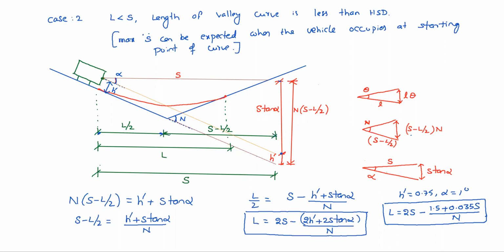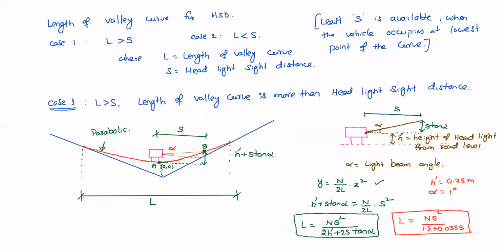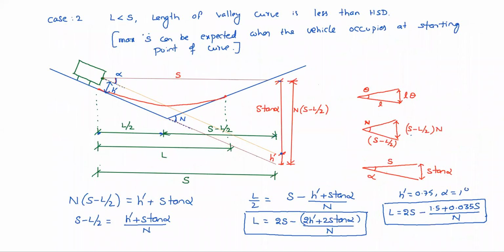That means initially you assume length is greater than S. After calculation, if L is coming less than S, then switch over to the second case and calculate the L value again. Whichever assumption is correct, we calculate the length of the curve based on that. Okay, so this is about valley curve length for the headlight sight distance requirement.